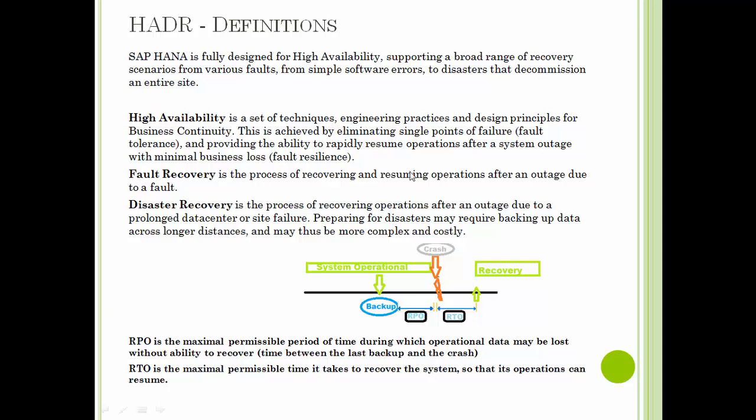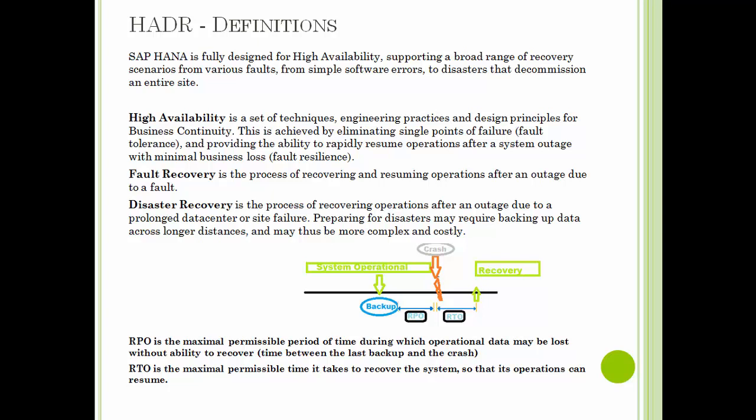And it is achieved by eliminating single points of failure, which is called fault tolerance in other words, and providing the ability to rapidly resume operations after a system outage with minimal business loss, called fault resilience.